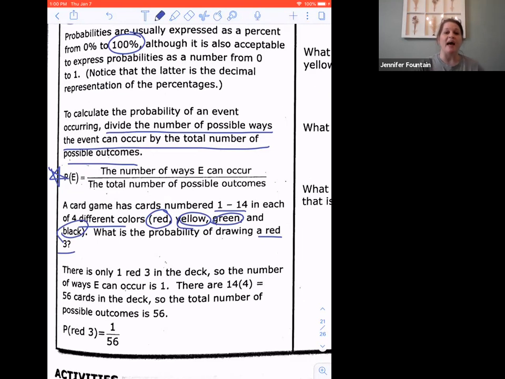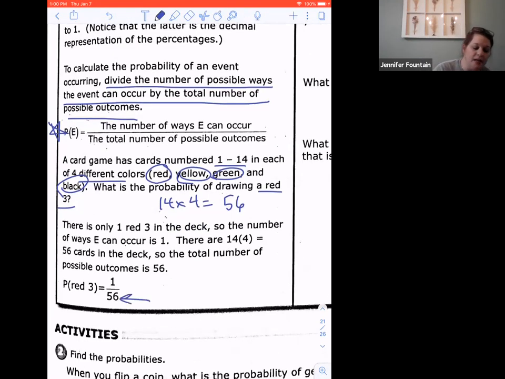If I have 14 possibilities for each color, then I would multiply 14 times 4. That means I have a total of 56 cards. So my denominator is 56.